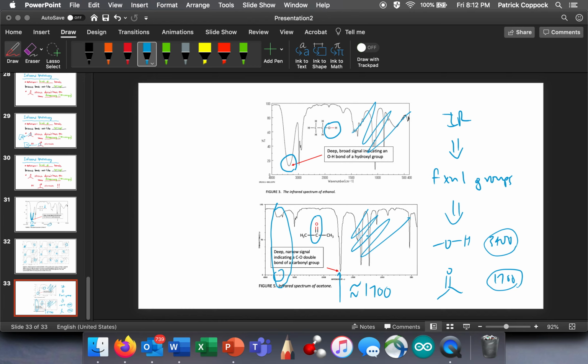This is called the fingerprint region. In spectroscopy, especially with IR, we're not going to be interested in assigning meaning to every peak. We're going to be looking for telltale signs, and here are two of them. Memorize those two peaks. When we have a big, deep, wide peak at 3400, we have a hydroxyl group. When we have a narrow, long peak at 1700, boom, we have a carbonyl carbon. All right? Hope that's helpful. Let's go practice some more.